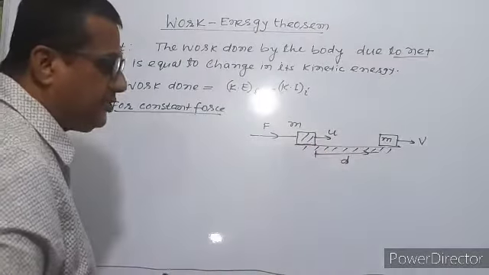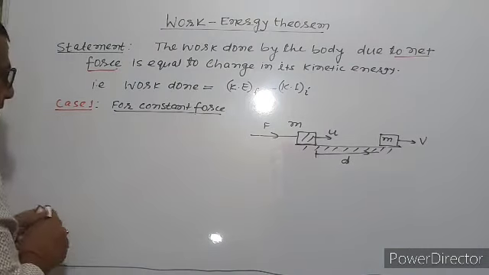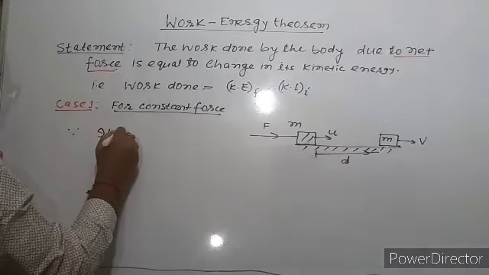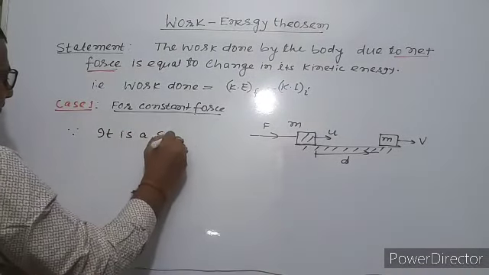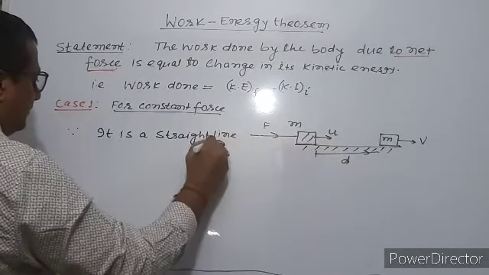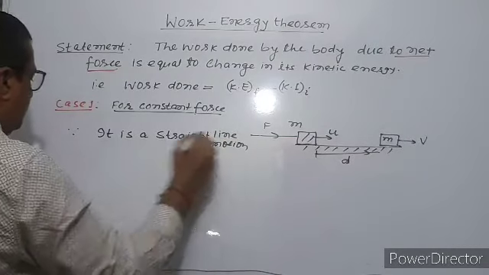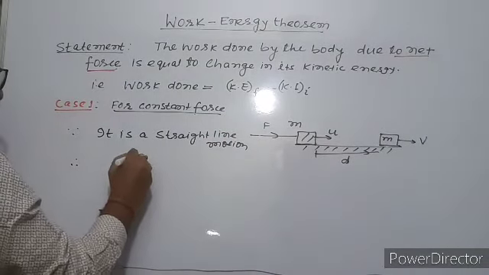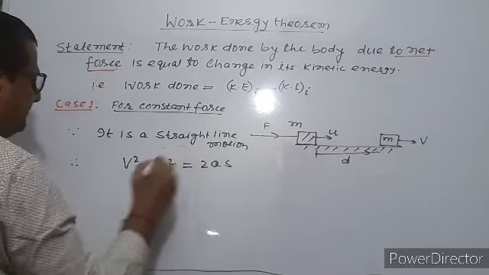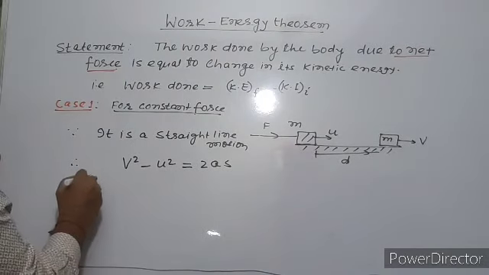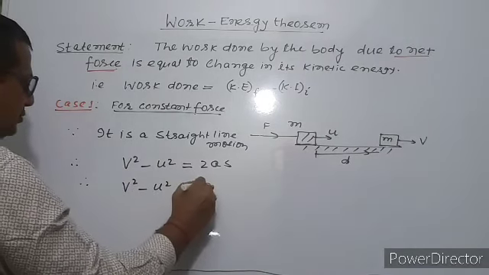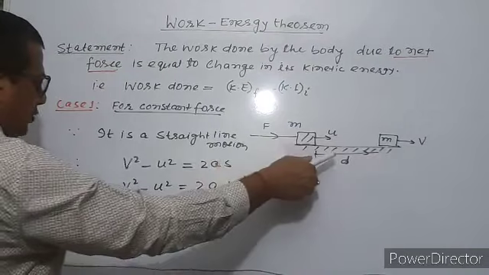Since it is a straight line motion, we can use this formula, v square minus u square is equal to 2as. Therefore, v square minus u square is equal to 2ad, because displacement is d.